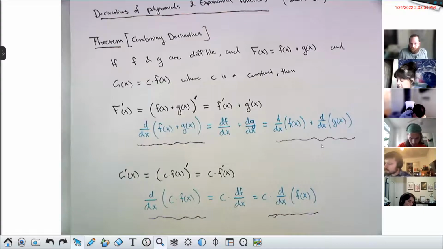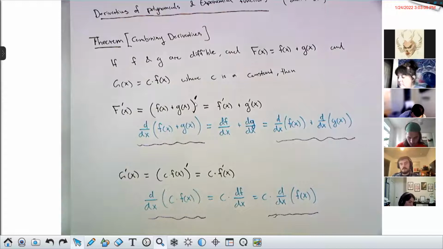But those are all notations that we use to describe derivatives. This looks way more complicated than it is. It just says constants pop out and you can split up over addition and subtraction. That's all it says.